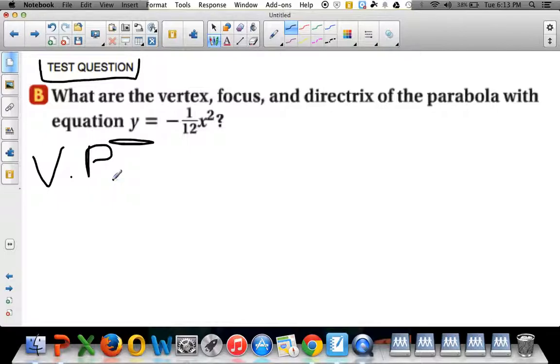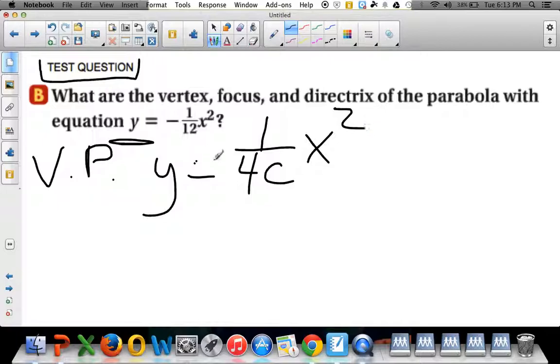By looking at my two equations, I know I'm going to use the equation y equals 1 over 4c times x squared. There's nothing being added to the back of the x squared, nothing added to the front or anything, so I know this is going to be at the vertex 0, 0.